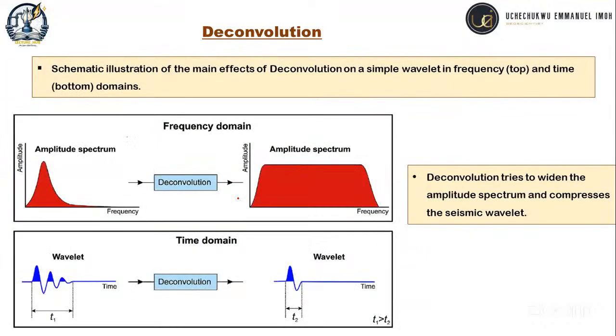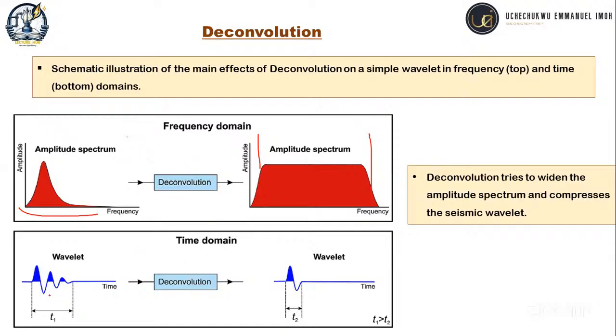Then also when you do the deconvolution, your frequency spectrum is expected to improve. So this is the frequency spectrum before the deconvolution. After the deconvolution, you have a broadband spectrum. So there will be an improvement in your frequency spectrum in the frequency domain.